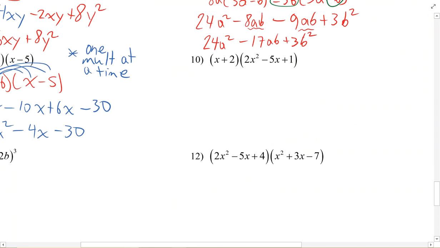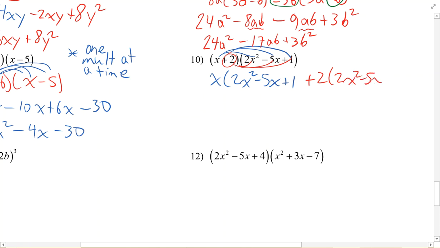Now number 10 is really good if you remember that it's x times all three pieces, and then it is plus 2 times all 3 pieces. Okay, so that's essentially what we have when I write it out this way using the distributive law.